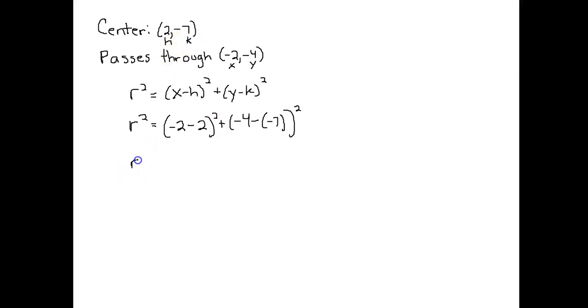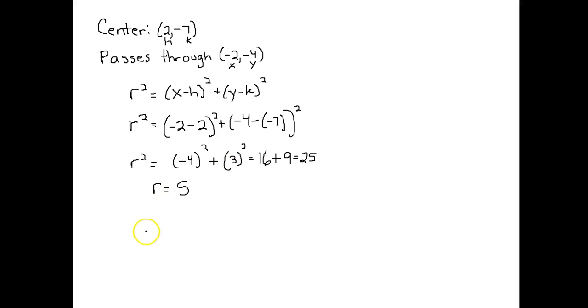So you got r squared equals, all right, that's -4 quantity squared plus, well, that's going to be 3 squared. So that's 16 plus 9, or 25. Well, if r squared is 25, r must be 5, the square root of 25. And it's just the positive square root because the r equals a distance.